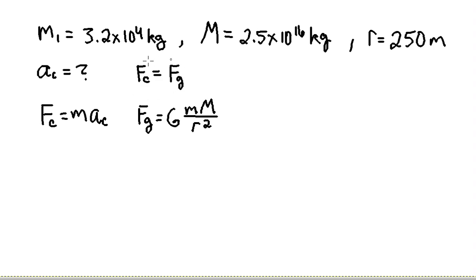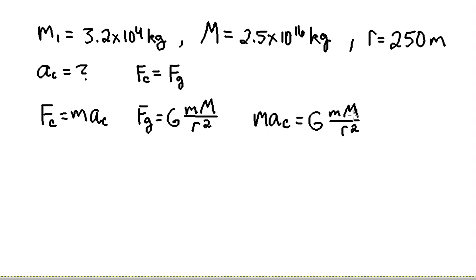Now, since we know that these two are equal to each other, the mass times the centripetal acceleration equals Newton's gravitational constant multiplied by the one in orbit times the one that it's orbiting, the mass of the two, divided by the radial distance.